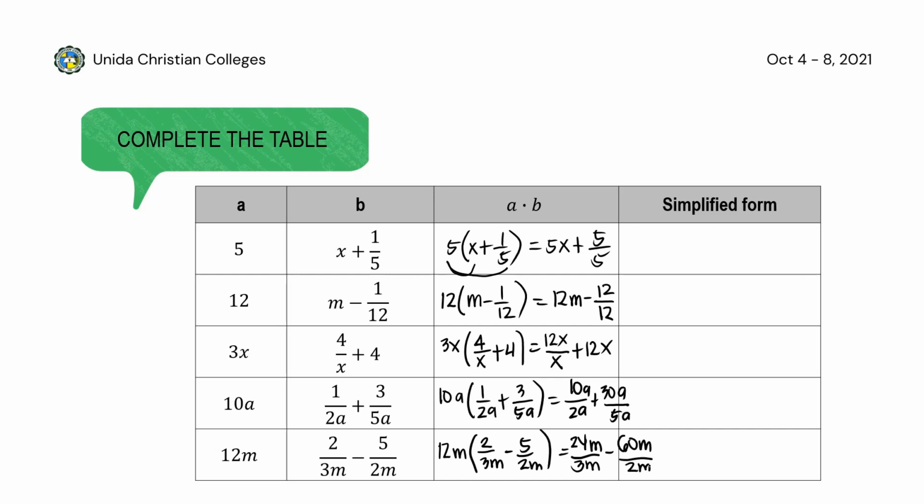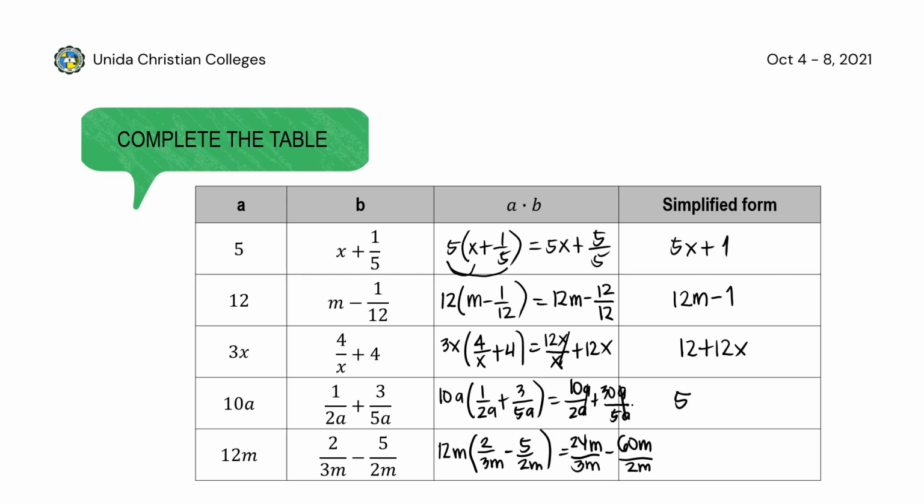So, we're down to our column where we simplify what we got from multiplying. We have 5x plus 5 divided by 5, that is 1. Next, we have 12m. 12 divided by 12 is 1. Next, 12x divided by x, that is 12 plus 12x. Here, we both have a, so cancel out. And 10 divided by 2 can be simplified, that is 5.